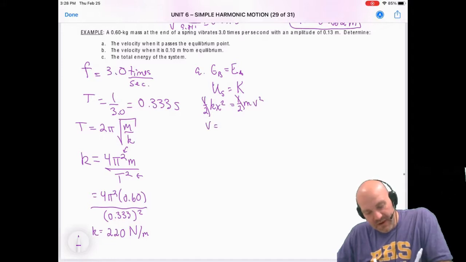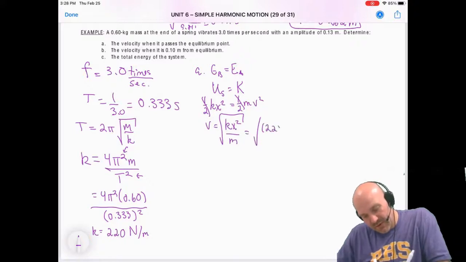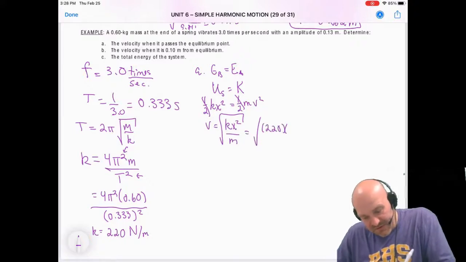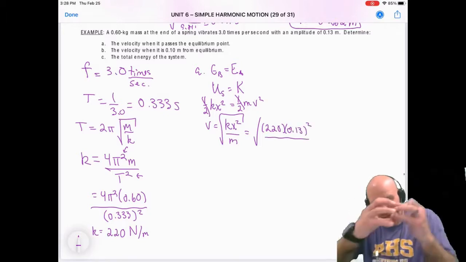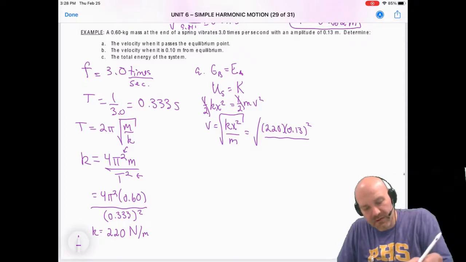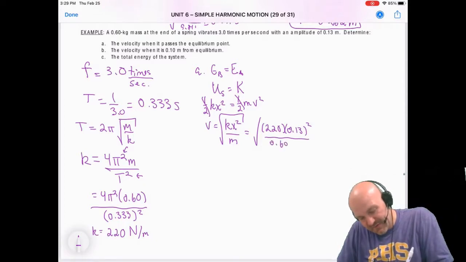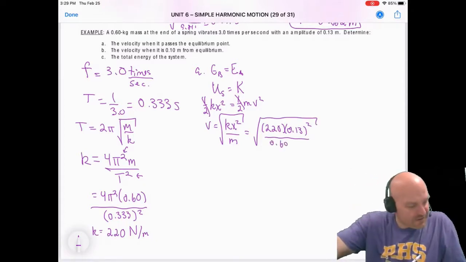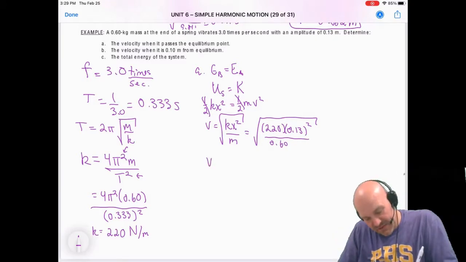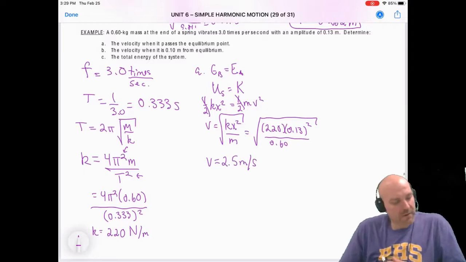It's going to be kx² over m, and we're going to take the square root of that. So it's going to be the square root of 220 times x² times 0.13, because that's our maximum x, right? This is where it's elongated completely, divided by the mass. Okay, and so that's going to give us approximately 2.5 meters per second.